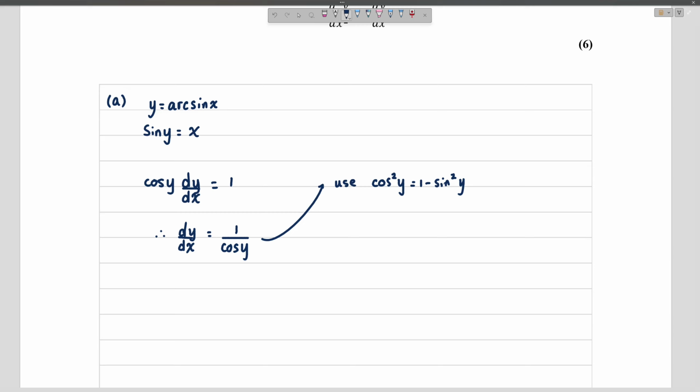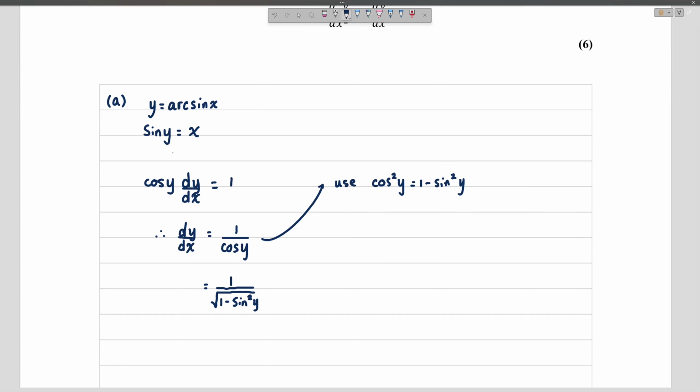Okay? So what I can do here then is rewrite dy by dx as 1 all over the square root. So cos y, just take the square root of both sides, that is the square root of 1 minus sine squared y, like so.